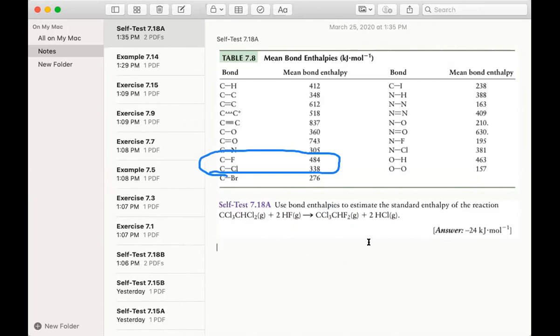So HCl bond enthalpy is, okay, 427 kilojoules per mole. So HCl, and I'll show the bond.